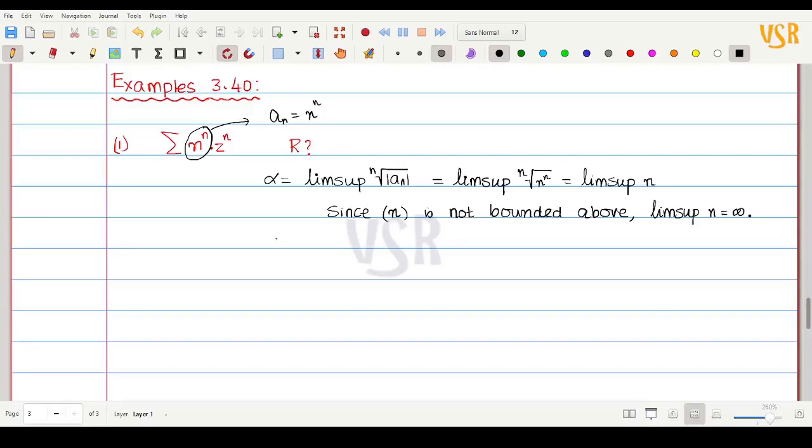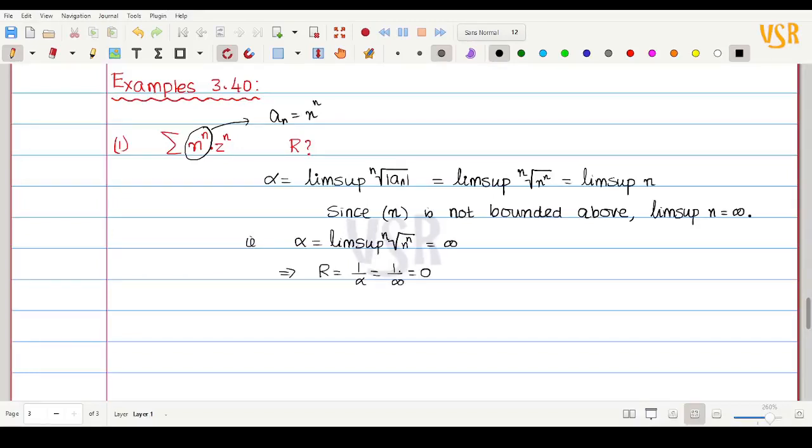That is, alpha, which is equal to limit supremum of nth root of n to the power n, is equal to infinity. So what is R? This implies R equals 1 by alpha, that is 1 divided by infinity, that is equal to 0.